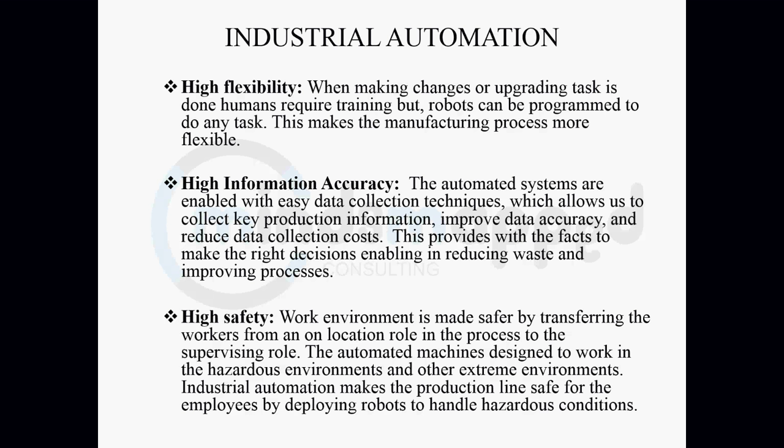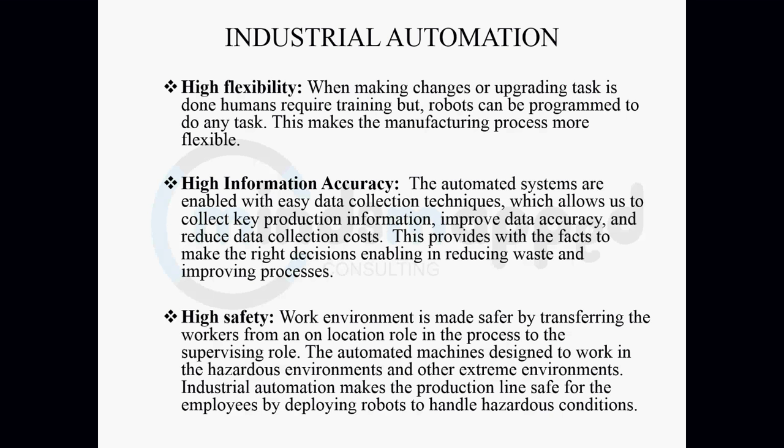So, high safety. The work environment is made safer by transferring the work from an on-location role in the process to a supervising role. The automated machines are designed to work in hazardous and other extreme environments, and industrial automation makes the production line safe for employees by deploying robots to handle hazardous conditions.